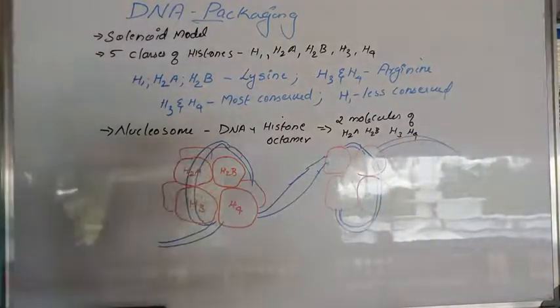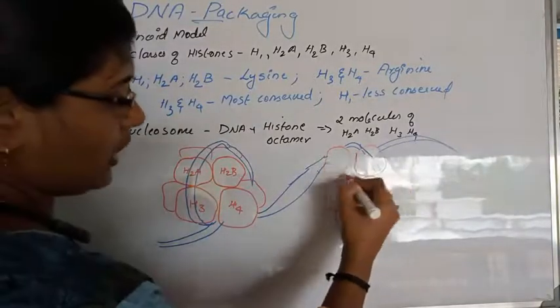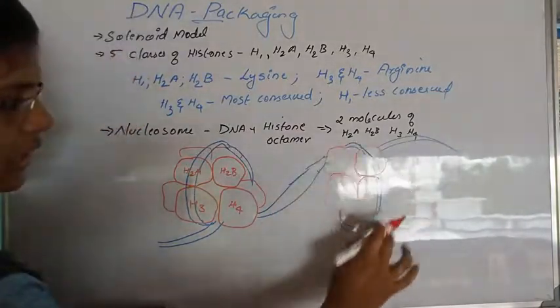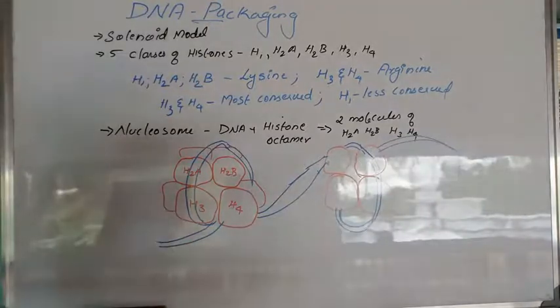Like this, the DNA is twisted around the octamers, which contain two molecules each of H2A, H2B, H3, and H4.